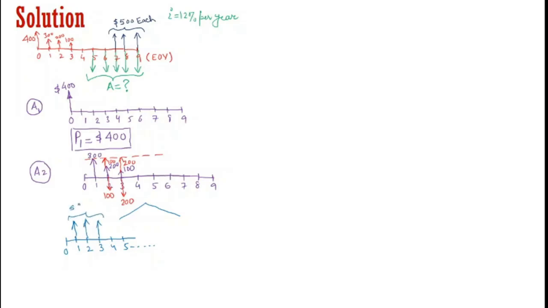So this is $300. Now another series, 0, 1, 2, 3, 4, so on up to 9. And I have one transaction here of $100 and another transaction here of $200. Now if I just compare, this is nothing but this is a uniform series.